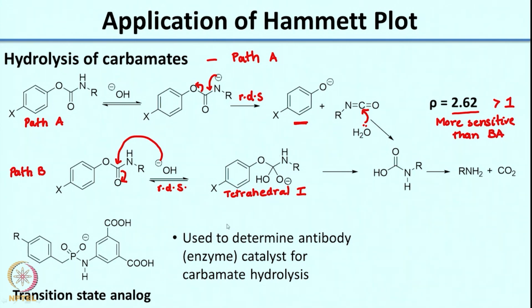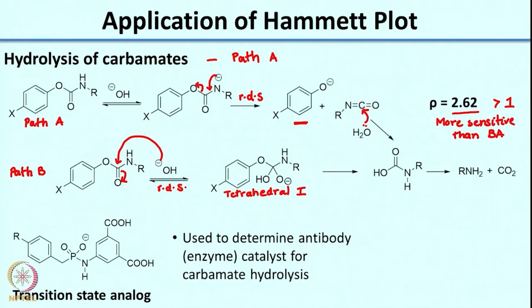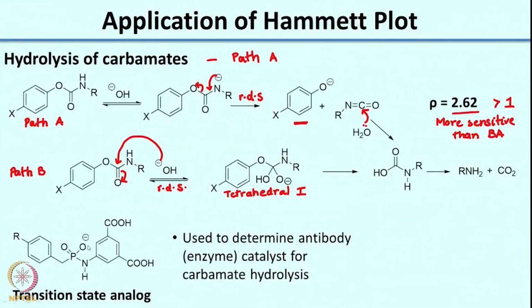Now, this was used to determine the antibody catalyst, or you can think of it as a particular kind of enzyme for carbamate hydrolysis. So, multiple enzymes were taken and their interaction with this transition state analog was determined. As you know, for a reaction to be catalyzed by an enzyme, it is very important that your transition state fits in very nicely into the enzyme's catalytic pocket or active site.